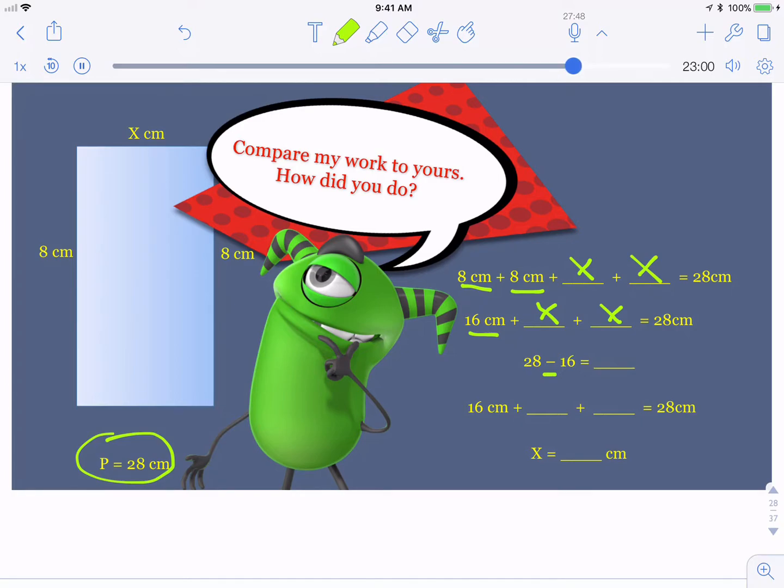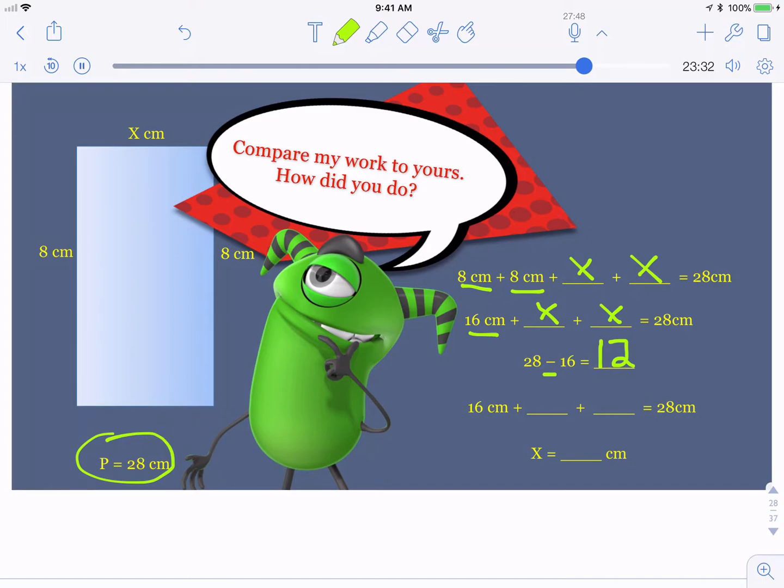So 28 minus 16 is 12. So 16 centimeters plus blank equals 28. Well, we know that 28 minus 16 equals 12.